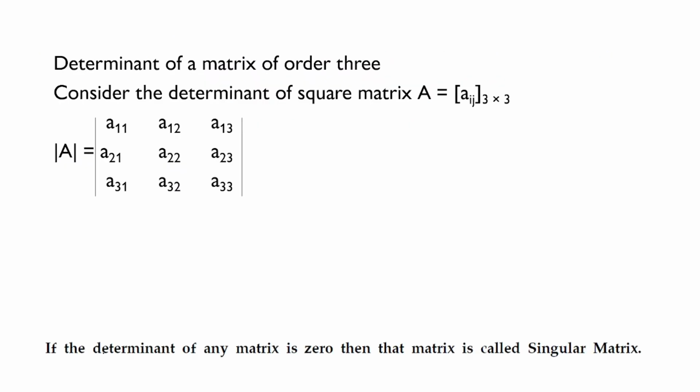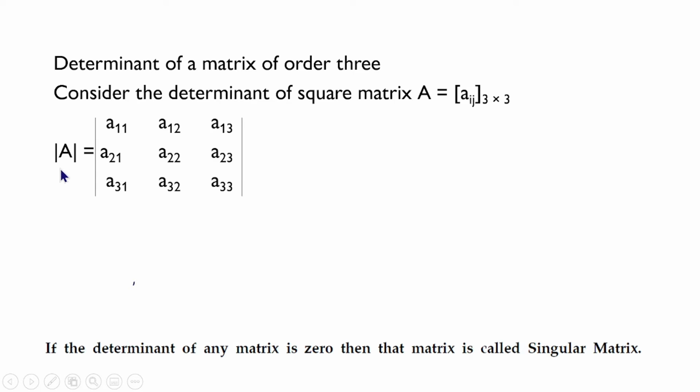If we want to find the value of the determinant of a matrix of order 3, consider the matrix A equal to [Aij] of order 3. So we can find the determinant of A as determinant of A11, A12, A13, A21, A22, A23, A31, A32, A33. The value of this determinant can be calculated by multiplying the elements of any row with their corresponding cofactors and then adding them.